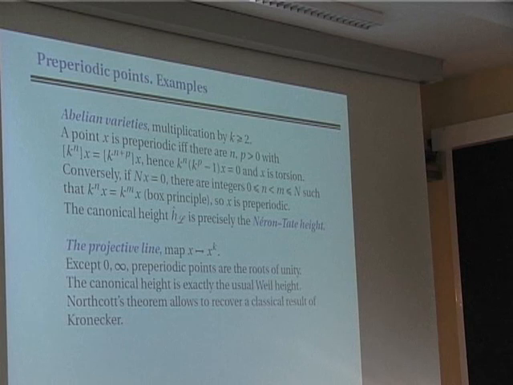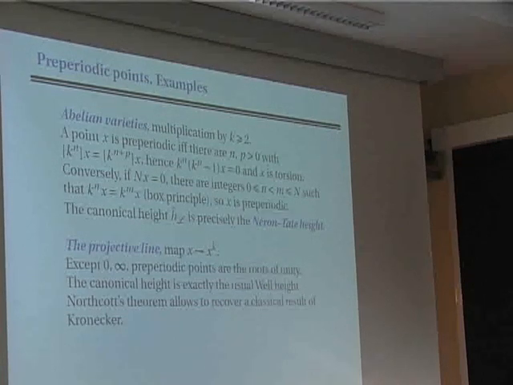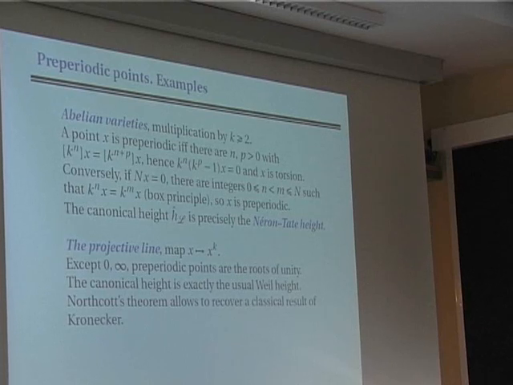And in that case, Northcott's theorem about points of height zero being pre-periodic points is a classical old result of Kronecker: points which are algebraic integers, and all of whose conjugates have absolute value at most 1, are roots of unity, except 0.